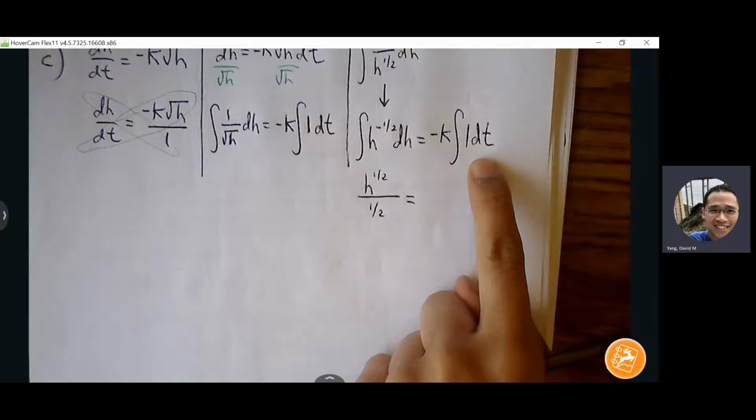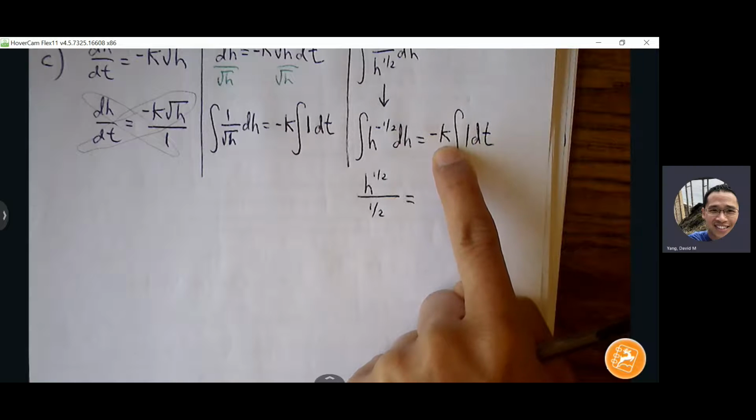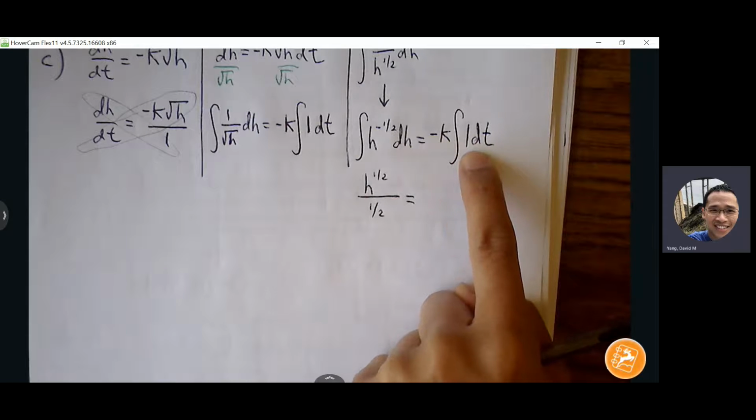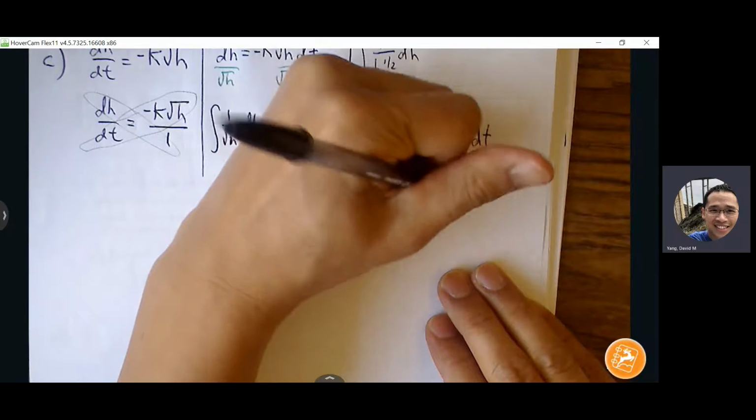All right, what about the antiderivative of the right side? Yeah, good. So k will stay, right? It's just a coefficient, but 1 becomes t, but we also want to include what? Plus c, yeah.